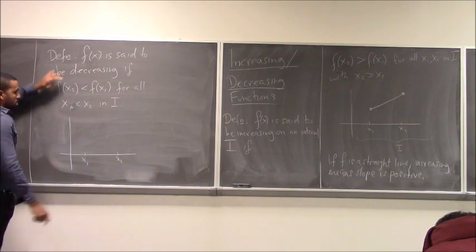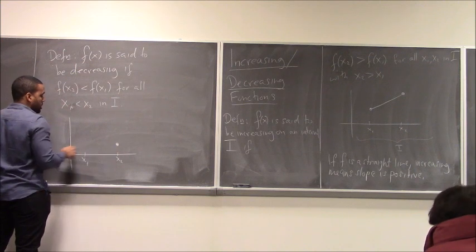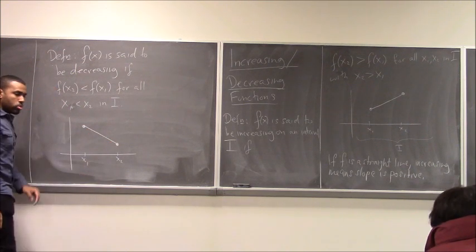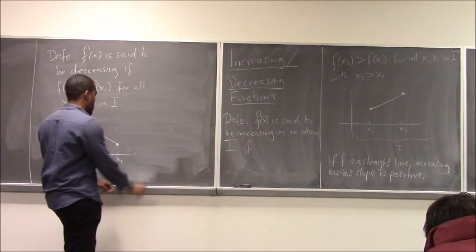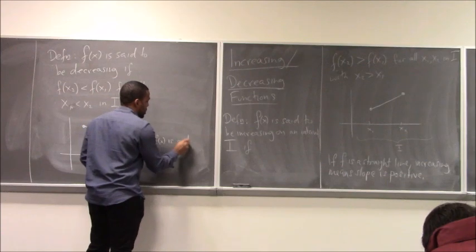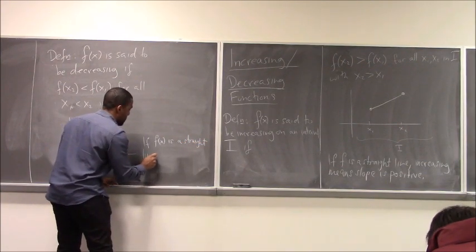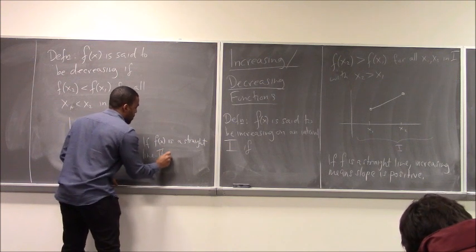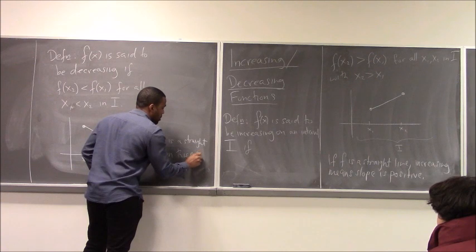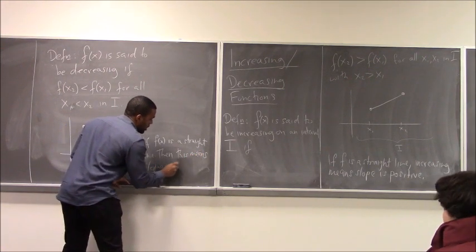So that's saying the f of this value is always going to be less than the f of that value. So this means you're moving down as you go from left to right. If f of x is a straight line, then this means slope is negative.